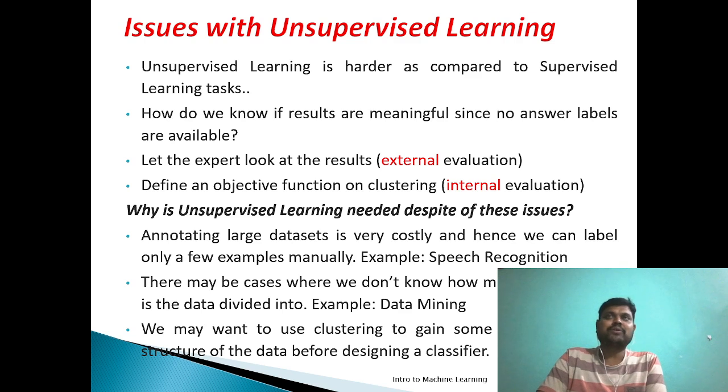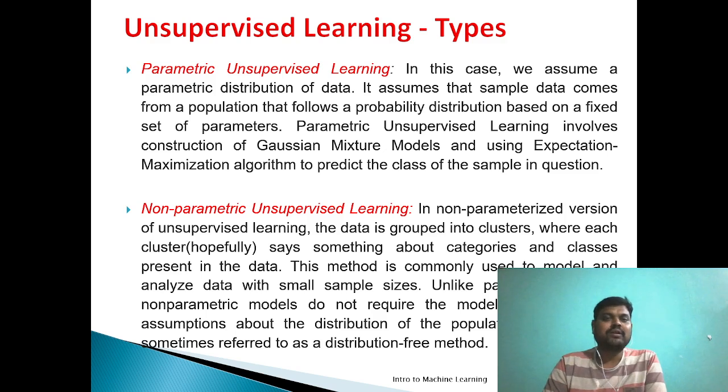If you want to get insight into any raw data, you can make use of an unsupervised machine learning model. That's why we need it for analysis or visualization, right? Unsupervised machine learning model types are basically divided into two types: parametric and non-parametric. As the name suggests, parametric means it follows a probability distribution, right?